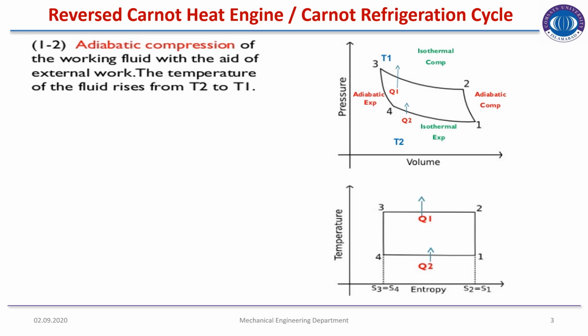Process 1 to 2 is known as adiabatic compression. On the right hand side, top side, you can see the pressure volume PV diagram, and 1 to 2 is shown here, written as adiabatic compression. So 1 to 2 is an adiabatic compression process of the working fluid with the aid of external work.